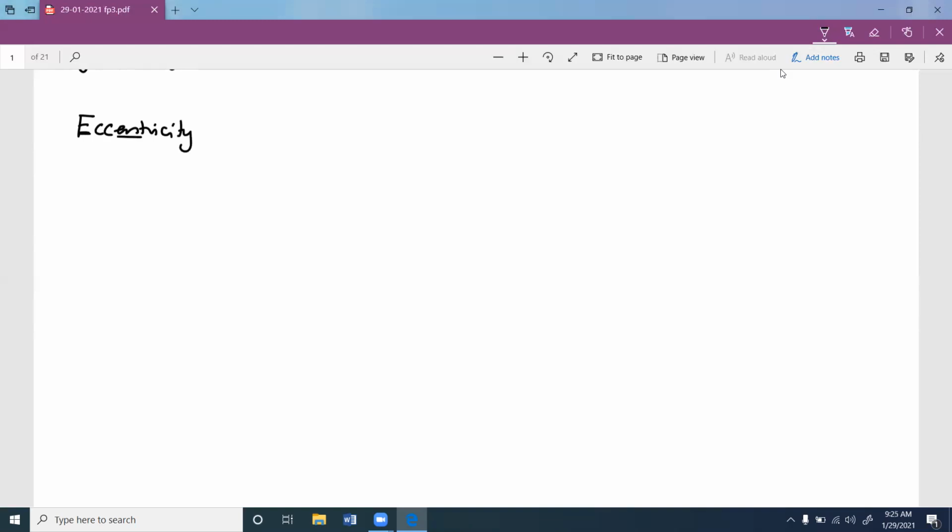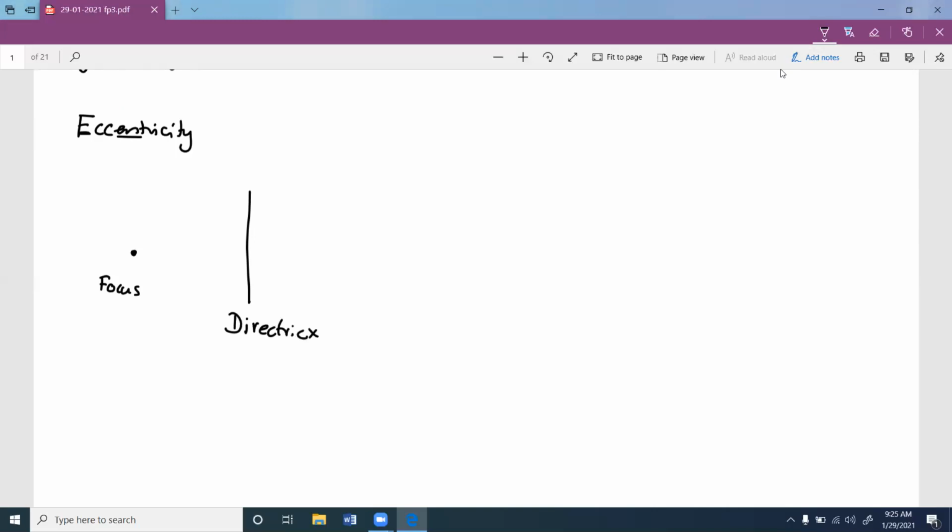Eccentricity applies to any of these: hyperbola, parabola or ellipse. We already learned eccentricity in our AS level when discussing coordinate geometry. What we need to understand is that we have a point called the focus, and a line we labeled the directrix.